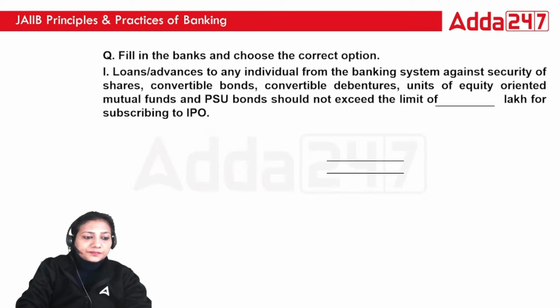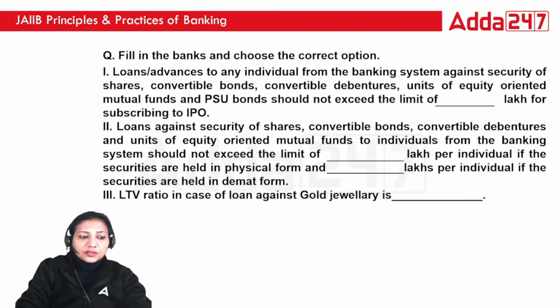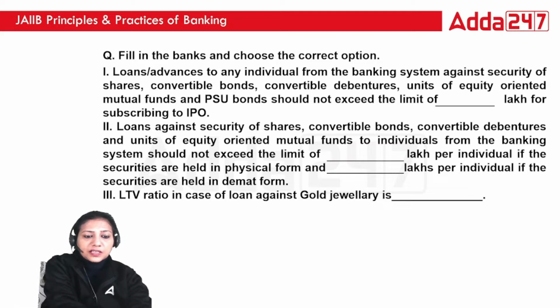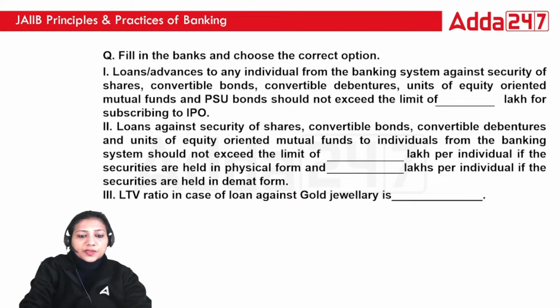Fill in the blanks and choose the correct option. Loans and advances to any individual from the banking system against security of shares, convertible bonds, convertible debentures, units of equity oriented mutual funds, PSU bonds should not exceed the limit of dash lakh for subscribing to IPO. Loan against security of shares, convertible bonds, convertible debentures, and units of mutual funds from the banking system should not exceed the limit of dash lakh per individual if the securities are held in physical form and dash lakh per individual if the securities are held in demat form.